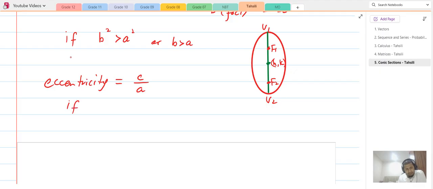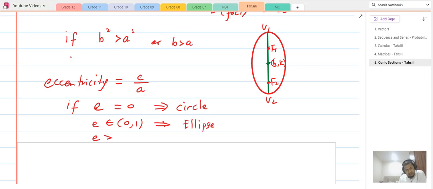If eccentricity is equal to 0, then we get a circle, right? If the eccentricity is between 0 and 1, then we get an ellipse, right? And if the eccentricity is greater than 1, we get a hyperbola, right?